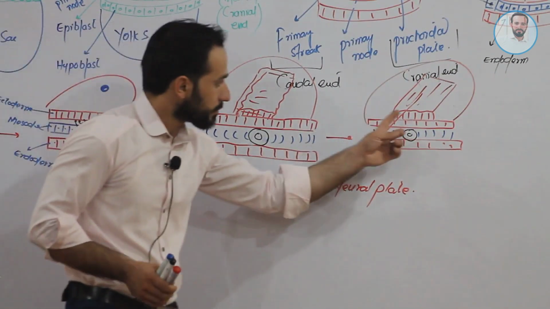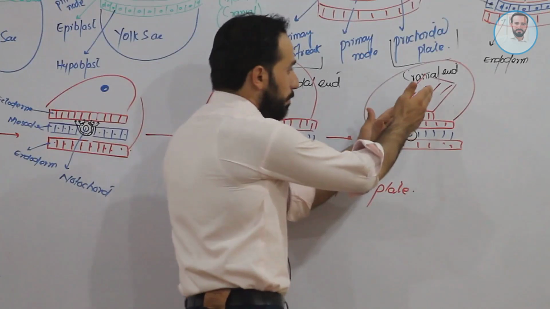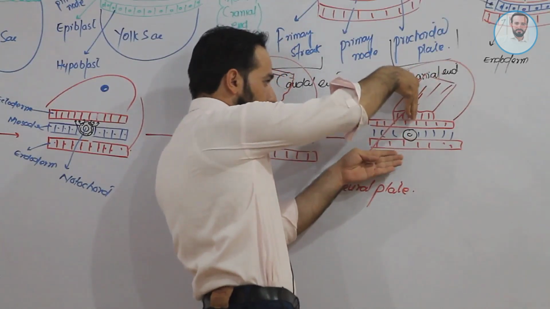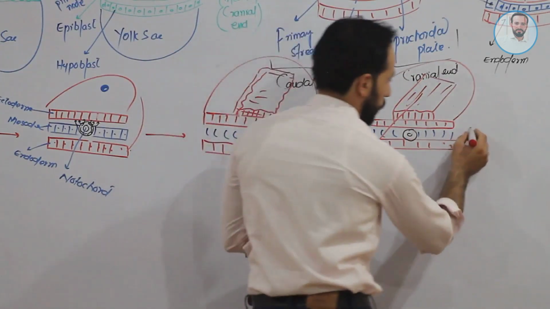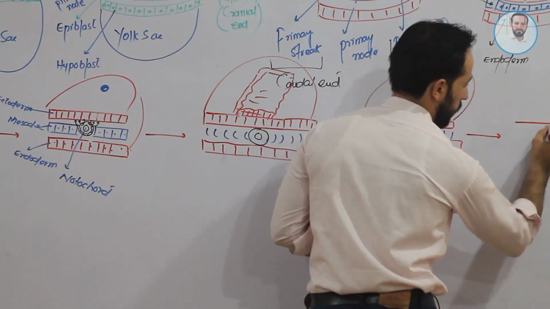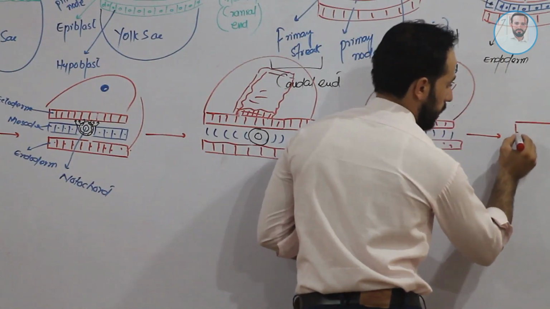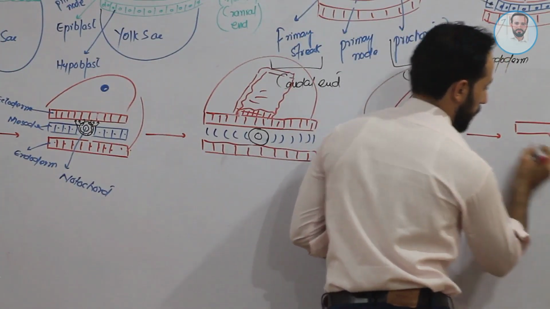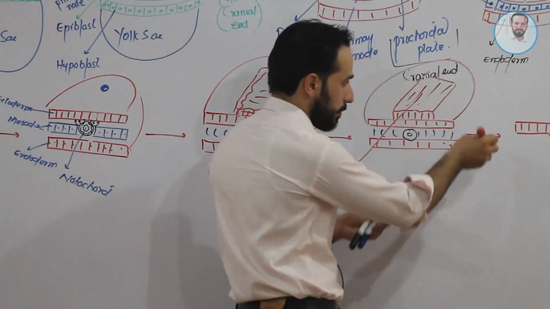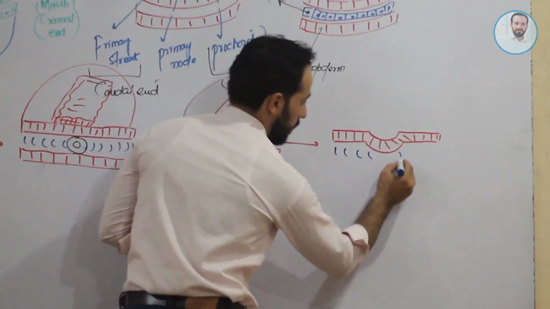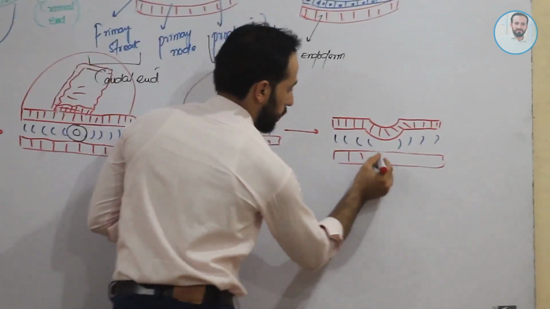What we can see here. These cells, now this neural plate in the center, it will go down. From the center, this neural plate will become like this. Look. Clear? It will become like this. This is our mesoderm, and here is our endoderm.